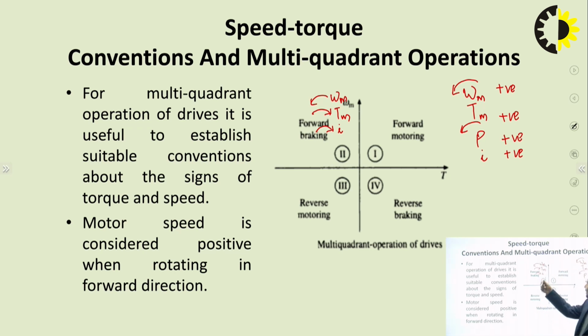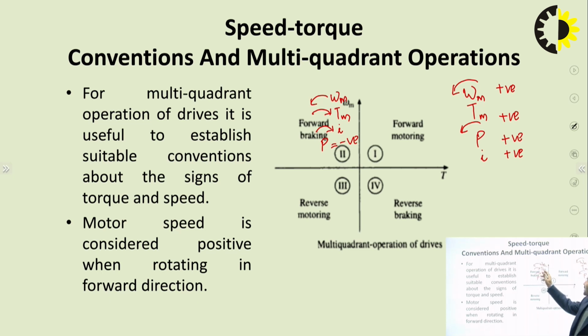So there we can say speed is still in the same direction and brakes are applied, but the direction of torque is reversing, the direction of speed is in the same direction, and therefore power is negative. So we can say power is the combination of speed and torque.